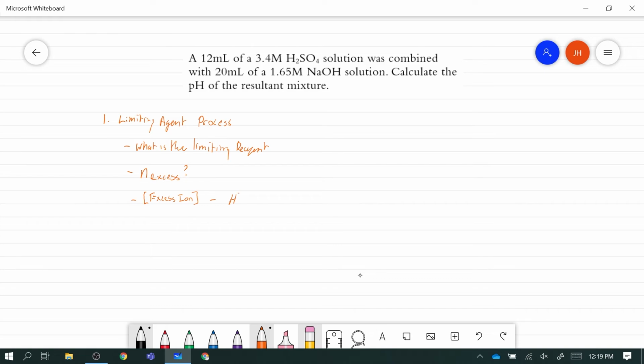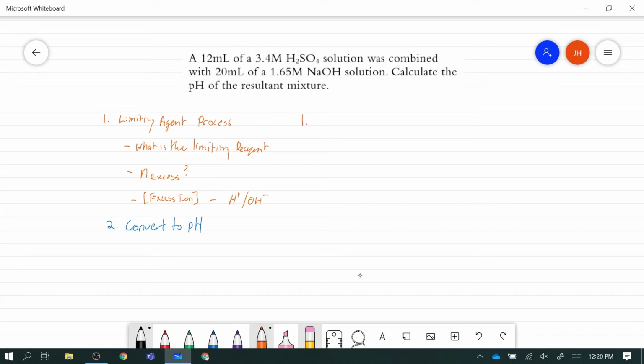And that could be hydrogen or hydroxide, completely depending on which one ends up being in excess. Once we have that concentration, step 2 is going to require us to convert to pH. So either we have the hydroxide ion concentration, we get pOH and convert that to pH, or we have the hydrogen ion concentration and we convert directly to pH, either or.